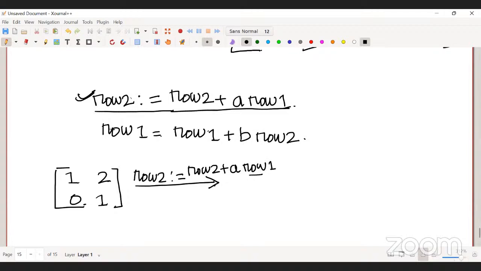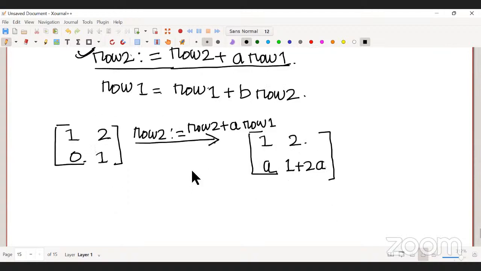If I do that, I'll get 1, 2, and a plus 1, plus 2a, right? Yes. Now the determinant of this matrix is the same as the determinant of the original matrix.